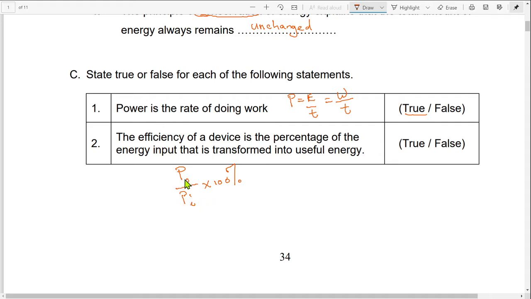But P equal to E over T, so I can write here E output over T divided by E input over T, multiply by 100%. So what you will end up with would be E output over E input multiply by 100%. So this is what is stated in this statement. So they are the same thing. So this statement is true.